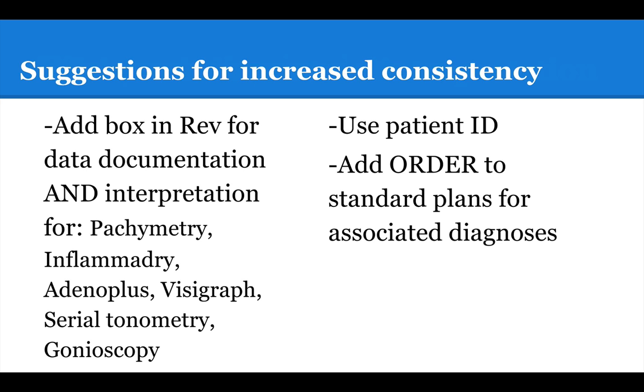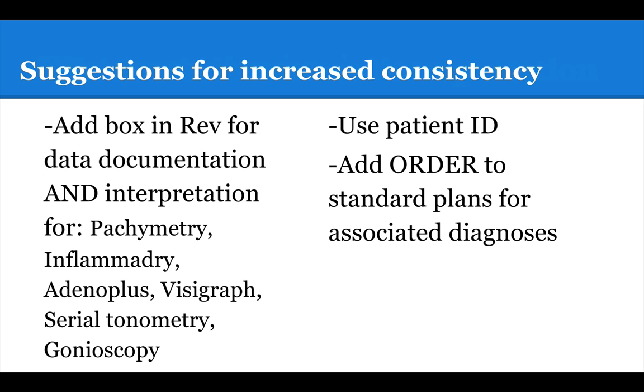We can be more consistent in using the patient ID when we are making patient profiles in our equipment for our special tests, just so that we have that one unique identifier that is consistent throughout the office.